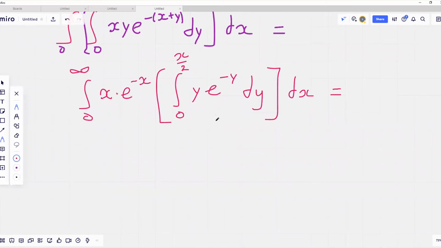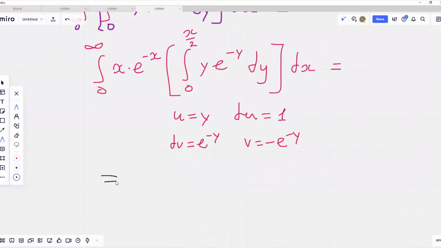To find that integral here, we have to integrate by parts. So u is equal to y, du is equal to 1, dv is equal to e to the power of minus y dy, and v is then equal to minus e to the power of minus y.